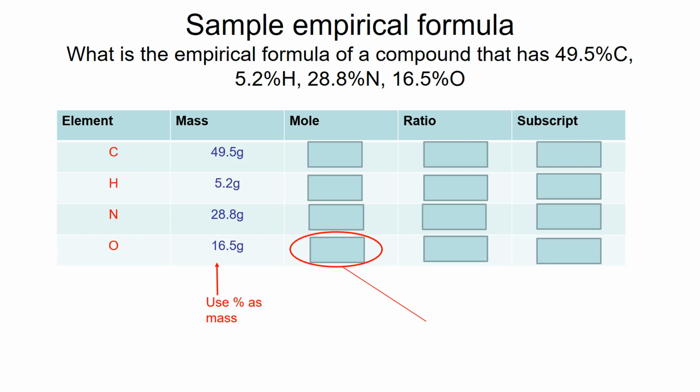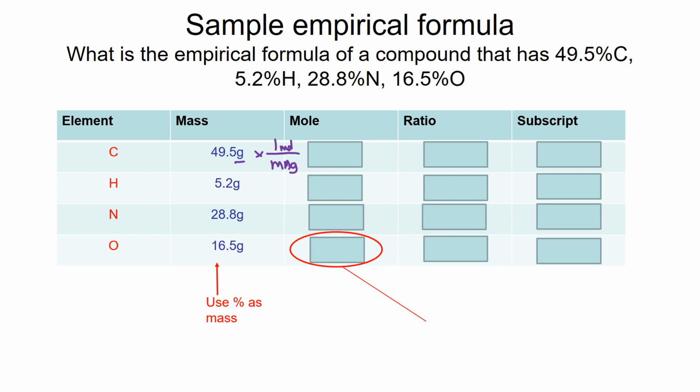Now, I need to convert this to moles. What do I need to do to this mass to convert it to moles for carbon? Well, I'm already in grams, so I want to get rid of grams. Molar mass. So I'm putting molar mass on the bottom and mole on the top.